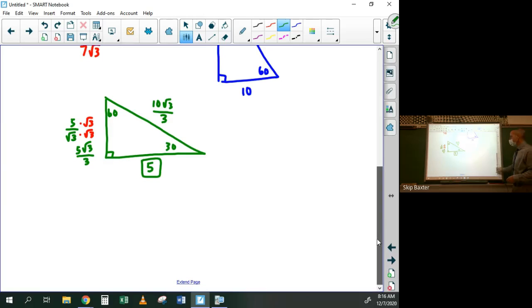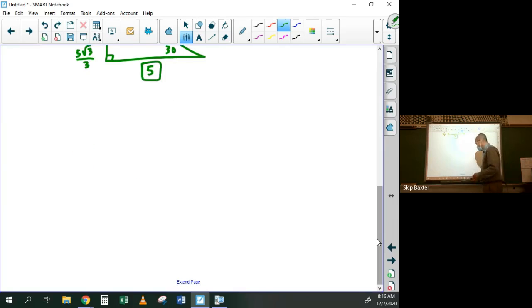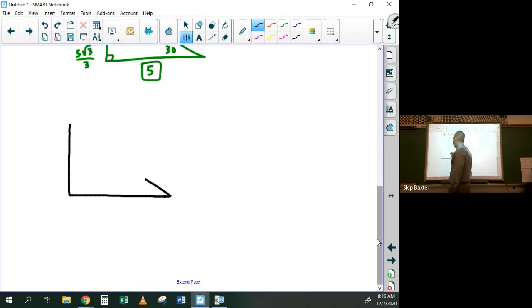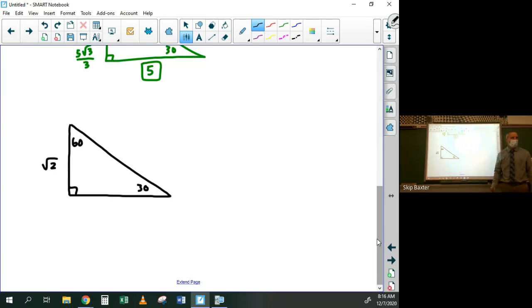Sometimes they might try to throw you off by giving you a radical to begin with. For example, they might tell you that the short leg is square root of 2, or something like that. So the hypotenuse would have to be double that, 2 radical 2. You just double it.